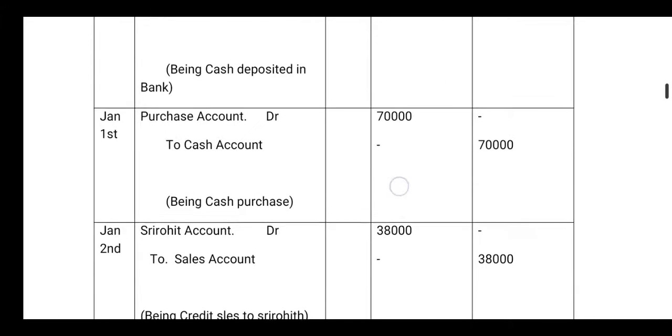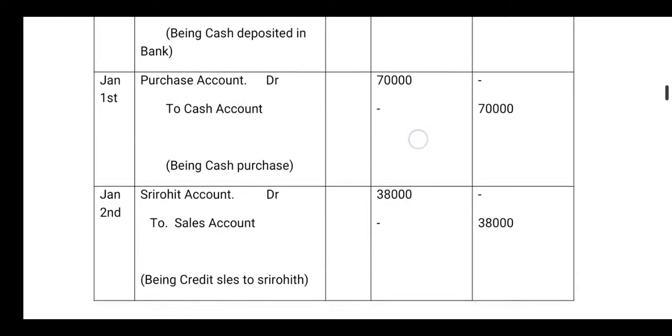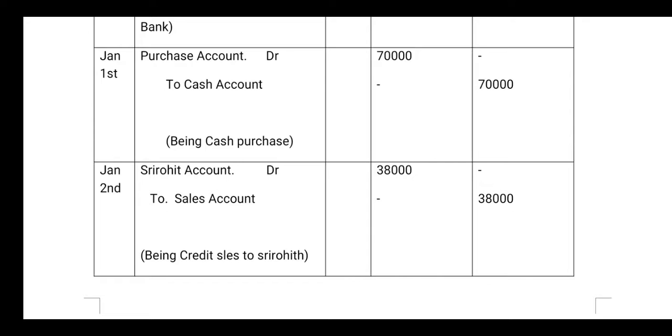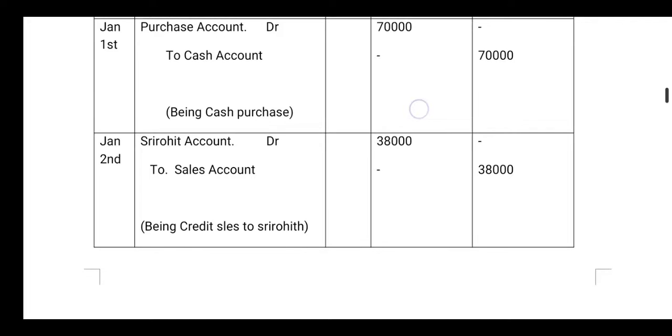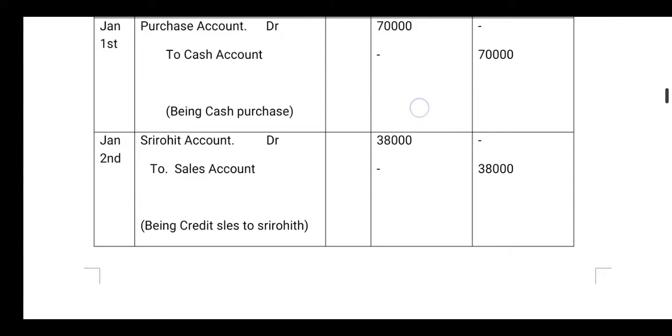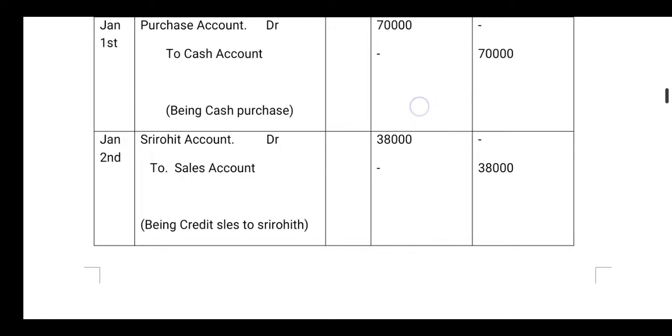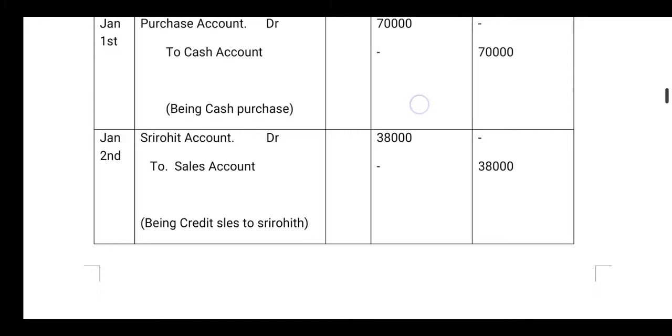Being the cash deposited in the bank. Then on the same date, purchase of goods for cash. Here, applying real account, goods are coming to the business, that's why goods account is debit. Then cash is going out of the business, that's why cash account is credit.